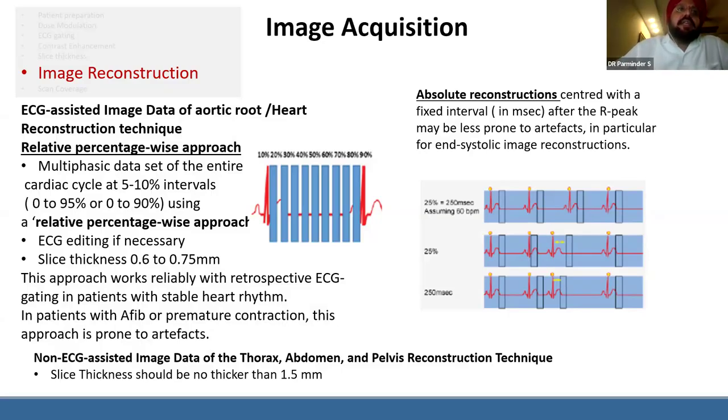For ECG-assisted image reconstruction of the aortic root and heart, there are two techniques available. One is the relative percentage-wise approach.